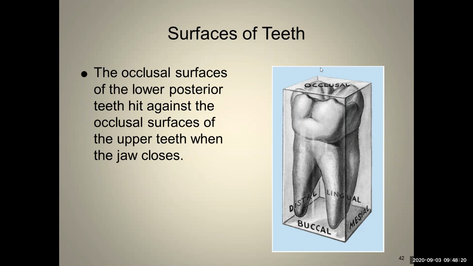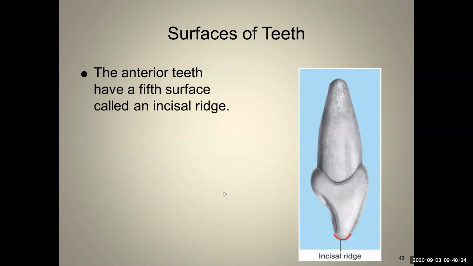So you can see that this is an occlusal surface or a table, unlike a maxillary or a mandibular incisor, which has that ridge. The anterior teeth have a surface called an incisal ridge.